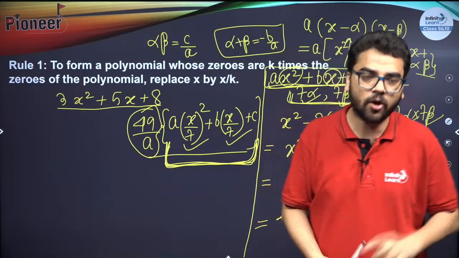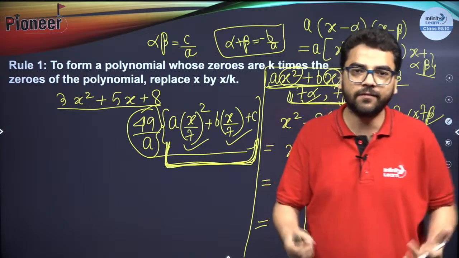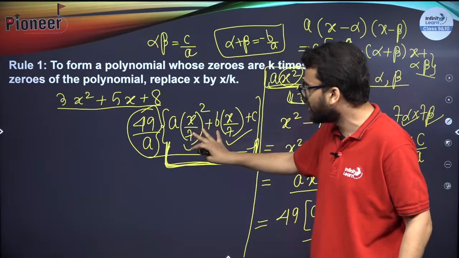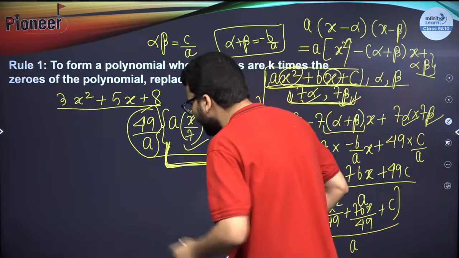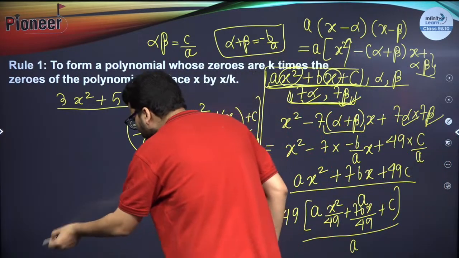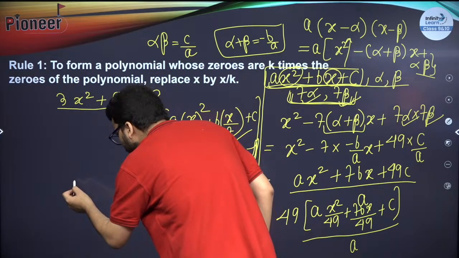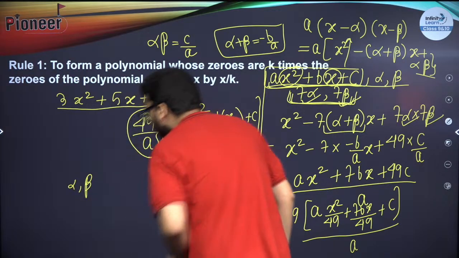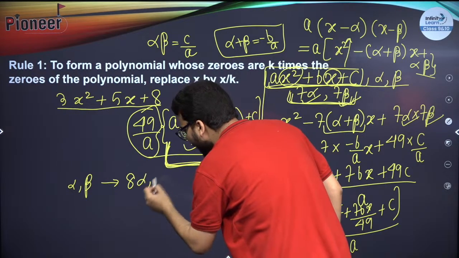So this is a trick, because if you will actually use the method, it will waste your time, right? In objective questions, you can directly just put x by 7 in the polynomial, you'll get the answer. It means, suppose there is any polynomial whose zeros are alpha and beta, and you want a polynomial whose zeros are 8 alpha and 8 beta.